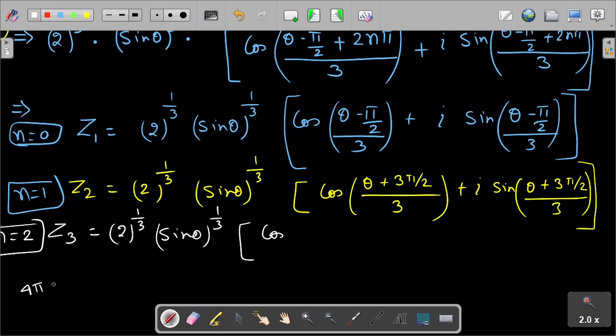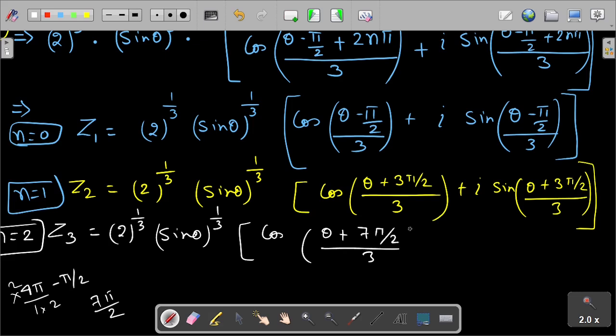It's 8 pi minus pi, 7 pi by 2, right? So we will get cos of theta plus 7 pi by 2 upon 3 plus i sine of theta plus 7 pi by 2 upon 3, right?